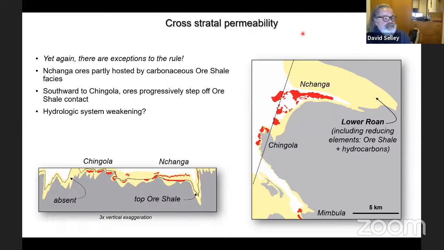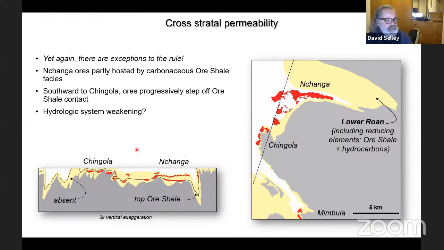So this is based largely on published literature, but my understanding is that a significant component of the resource is contained within that relatively impermeable carbonaceous ore shale facies. And it tends to suggest that if we have sufficient fluid flux, we can drive the fluids through, even through relatively impermeable media.